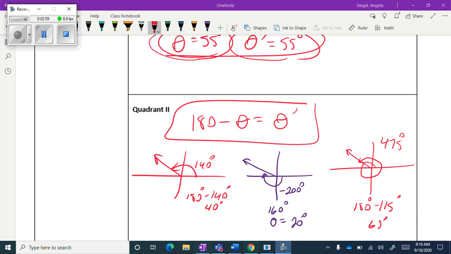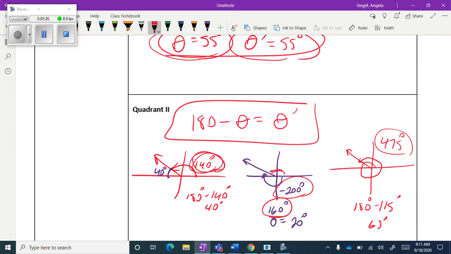So I showed 3 examples here: one just normal, one a negative degree, and one a degree with rotation involved in it. At its basic level, I'm going to take 180 minus 140, and I find that this reference angle right here is 40 degrees. For this one, I'm going to take negative 200 plus 360 and get 160 degrees.